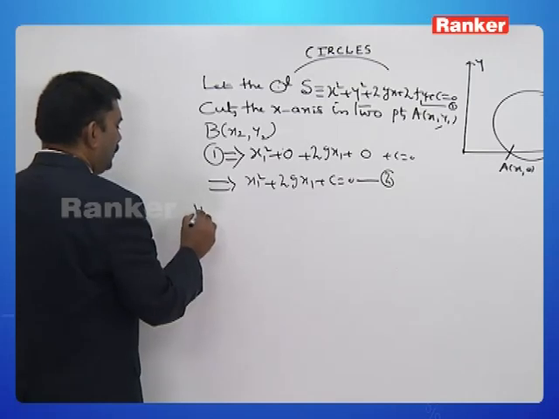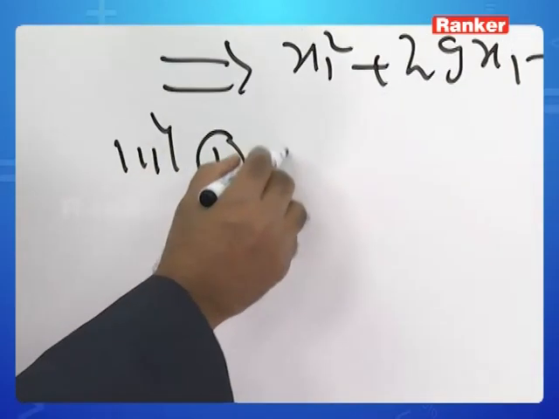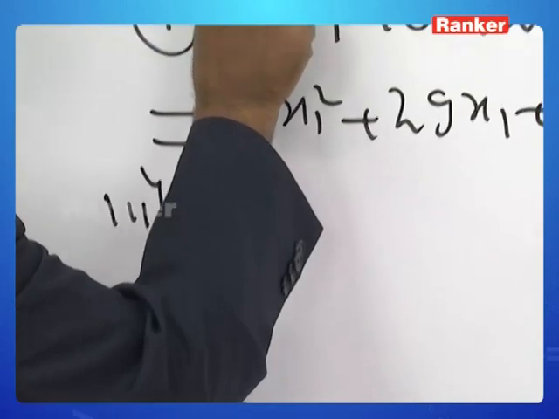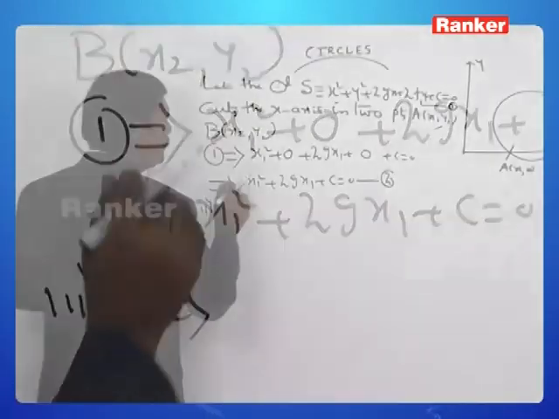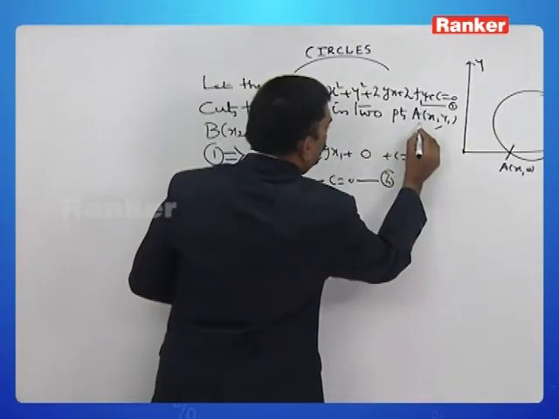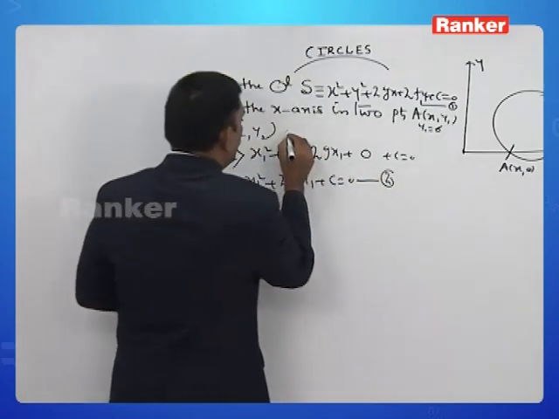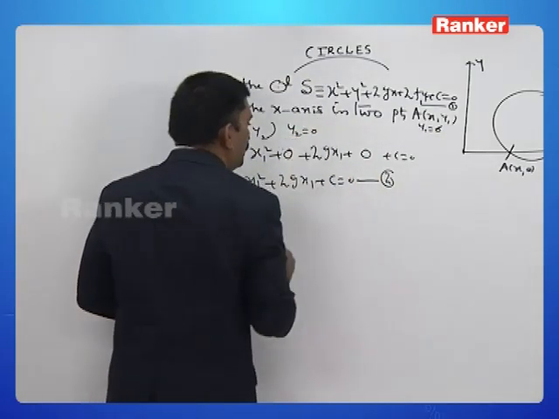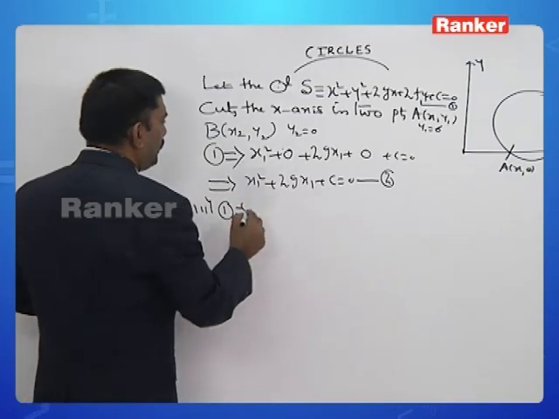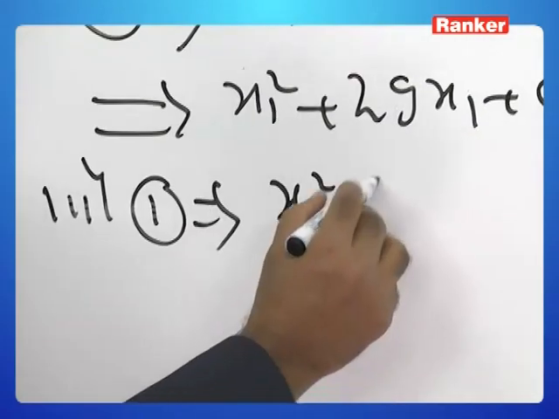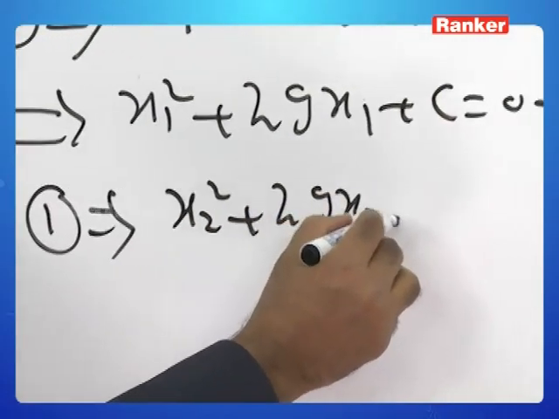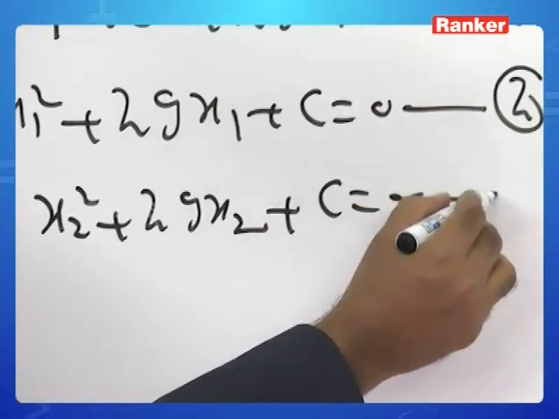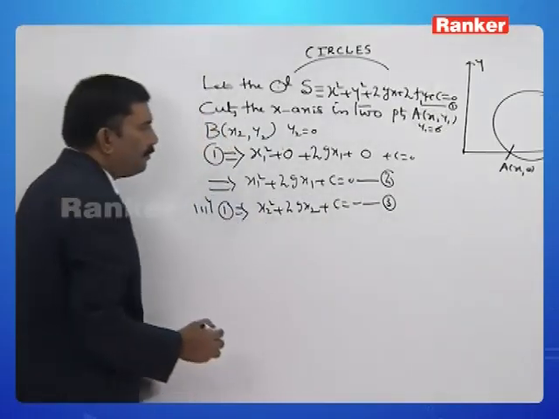Similarly, equation 1 implies, with the point (x2, 0), that y2 is also equal to 0. So equation 1 implies x2 square plus 2gx2 plus c = 0. Call it 3.